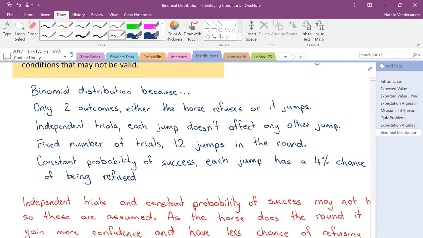Each jump has a 4% chance of being refused. So there we have the 4 conditions of the binomial distribution written in the context of the question.